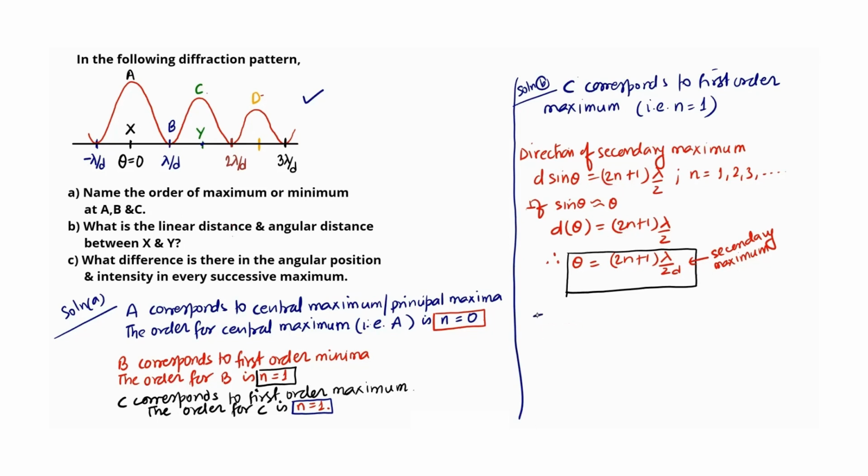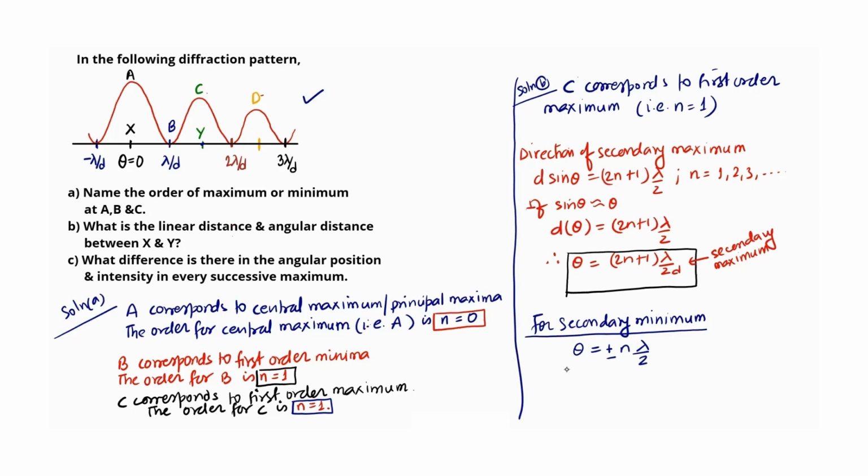For secondary minimum, we have theta equals n times lambda by 2, or theta equals plus minus n lambda by 2. We need to note this. Clear?